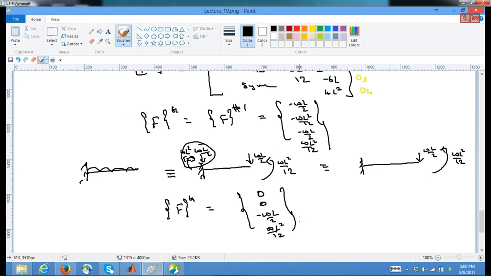And then I apply my knowns. The knowns are D1 and D2, because D1 equals 0 and theta 1 equals 0, which is capital D1, capital D2.